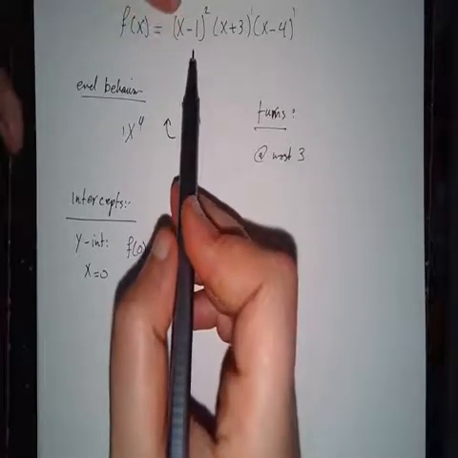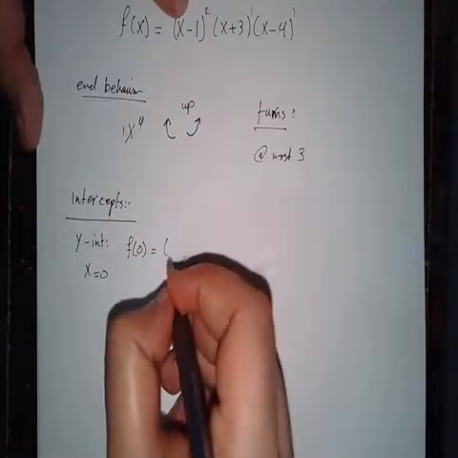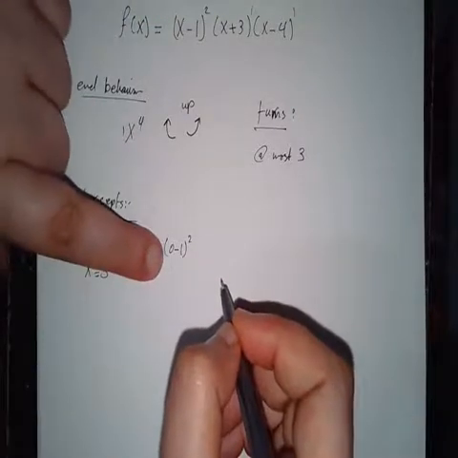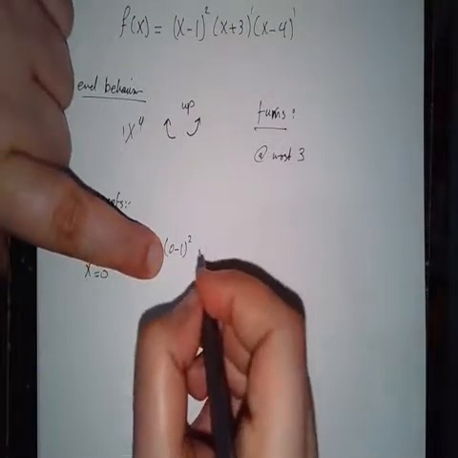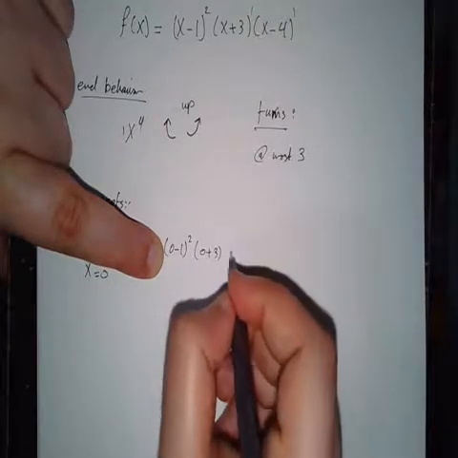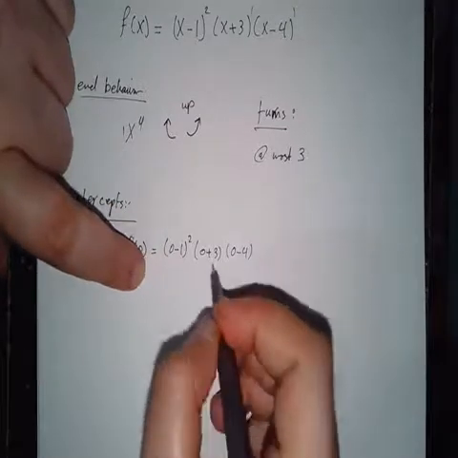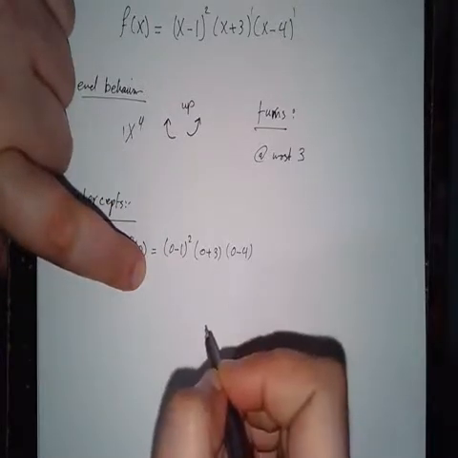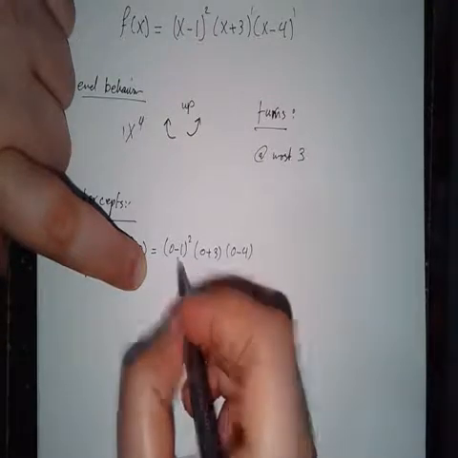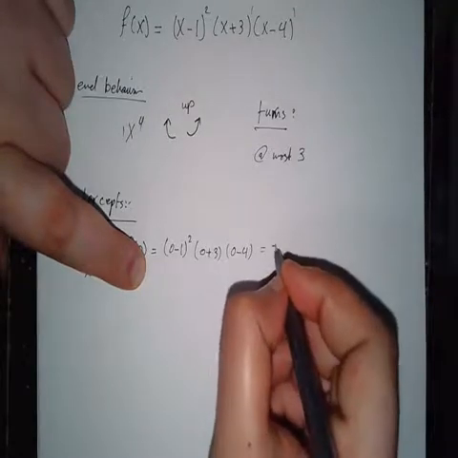Let me write it down instead of reading it to you. Negative 1 squared times 0 plus 3, so that's 3, times 0 minus 4, which is negative 4. So we have 4 and 3 multiplied together, that is 12, negative, and this one's positive, and it's a 1, so it doesn't matter. The answer is going to be negative 12.